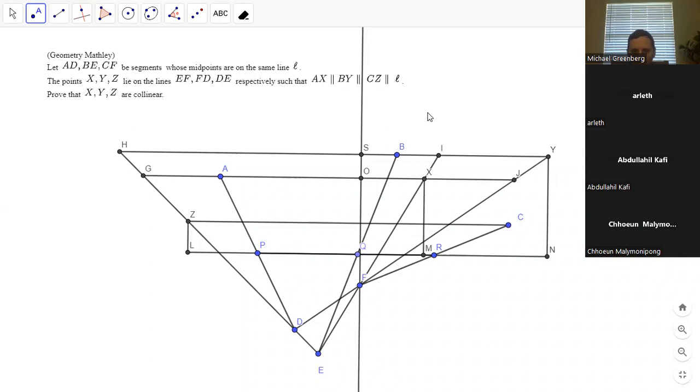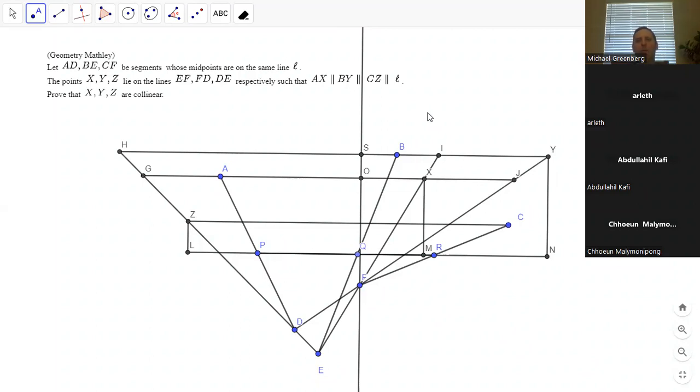YS. So YS we can calculate in terms of, yeah, like FS and FO.